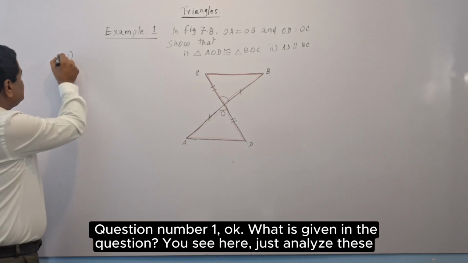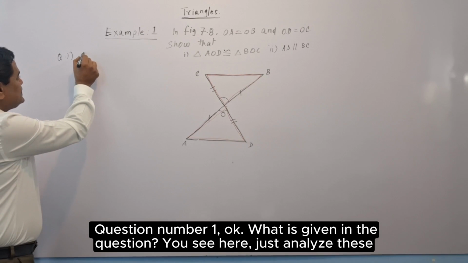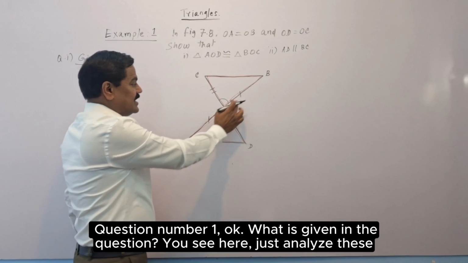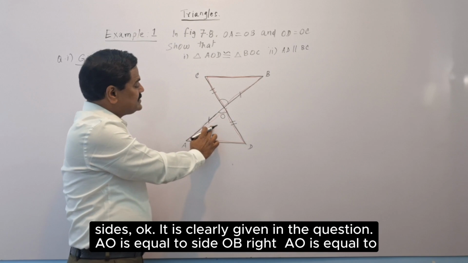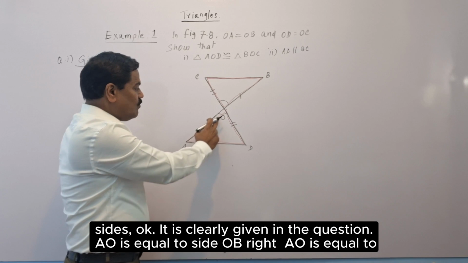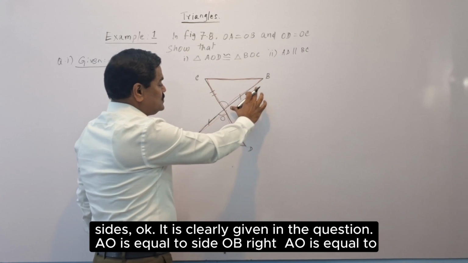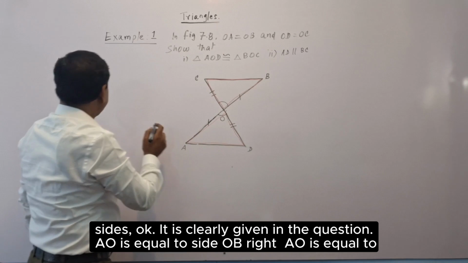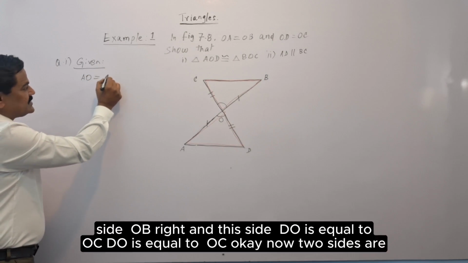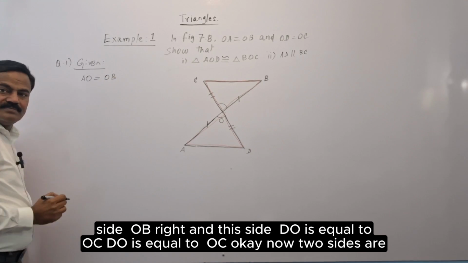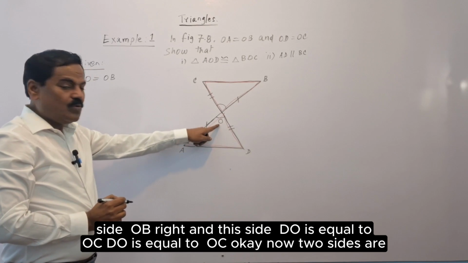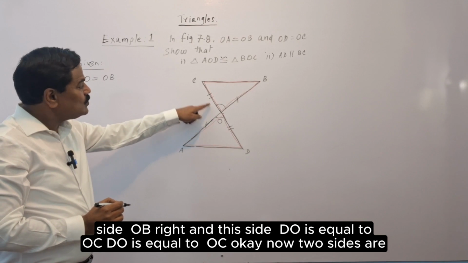Question number 1. What is given in the question? Just analyze these sides. It's clearly given that AO is equal to side OB, and this side DO is equal to OC.